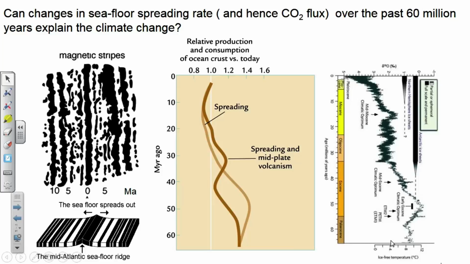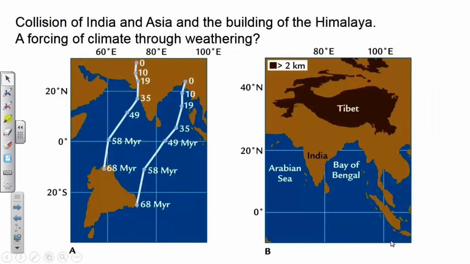We can come up with a ratio of consumption of crust to production of crust, and that's this graph here. When we're positive on this graph, that means we've got much more mid-ocean ridge spreading, much more volcanism, so we should have much more CO2. That does explain some of this fall in temperature, because when we're down here, we should have more CO2 in the atmosphere, because we've got more volcanism.